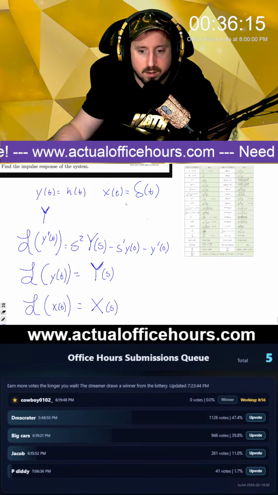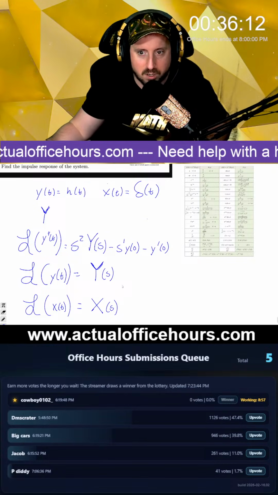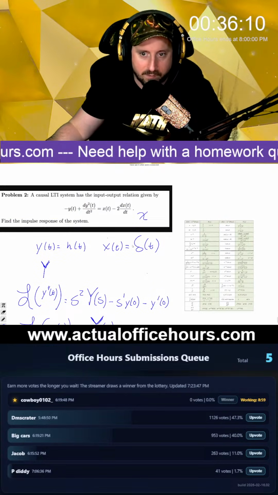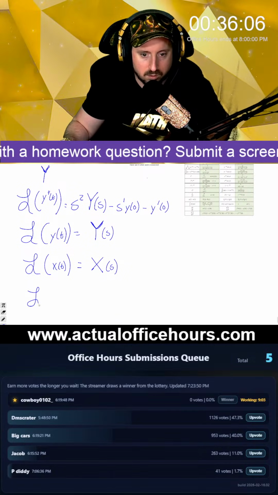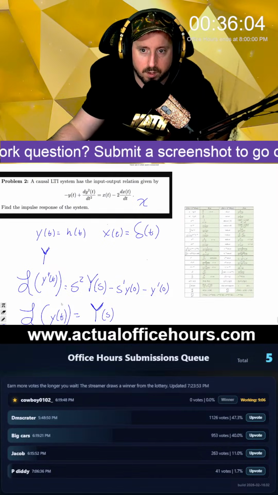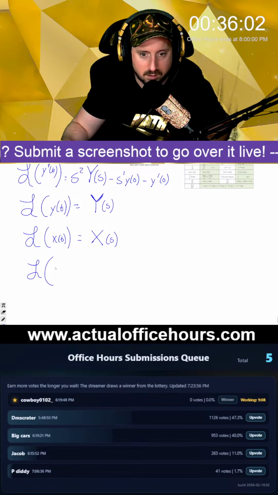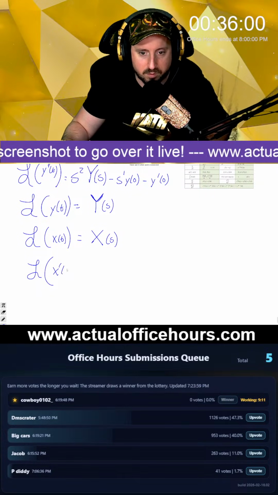Oh, okay. Oh wait, so this, because we said, well, one second, let me just write, because we haven't said it's a delta function yet. Let's just get the derivatives at least right. Okay, and then dx dt. So x prime of t.